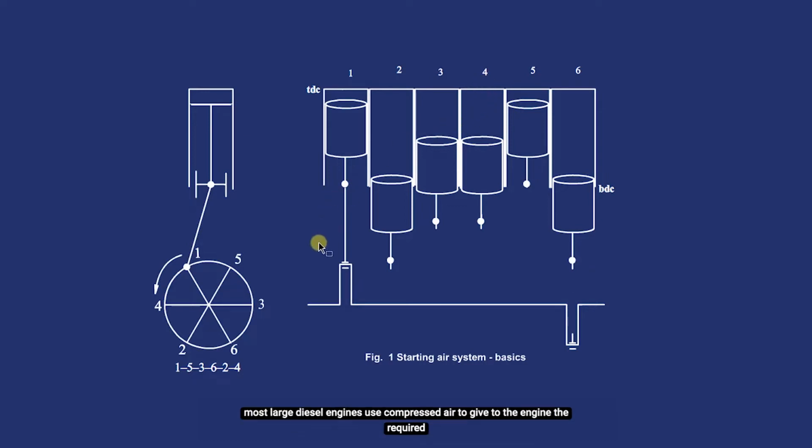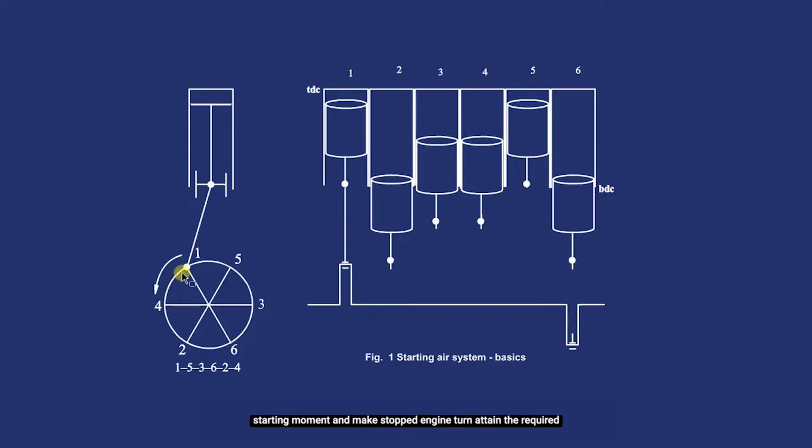Most large diesel engines use compressed air to give the engine the required starting moment and make the stopped engine attain the required momentum for the injected fuel to get burnt. This is called the starting air system of the engine.